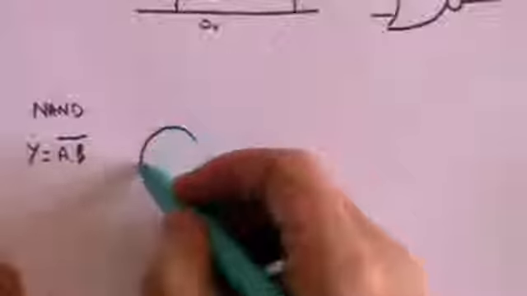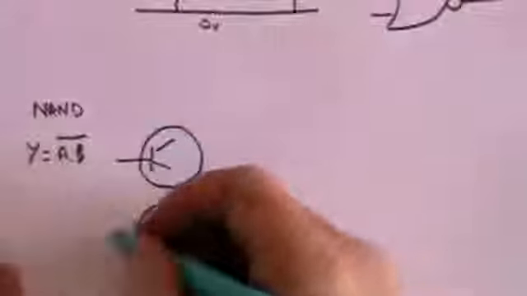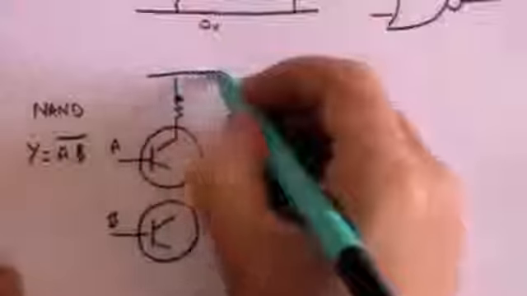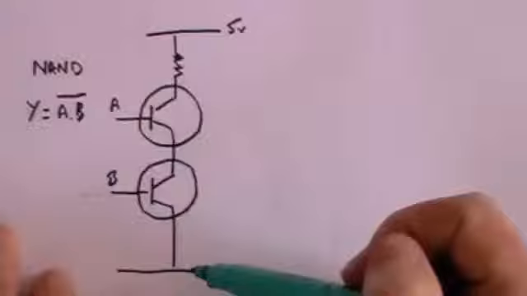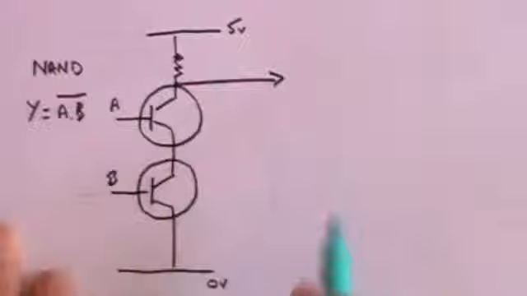And the way we design that, we again need 2 transistors, and each of those will have an input, and those are going to be our inputs A and B. We're going to go up through a resistance here to the 5 volt level, and we're going to connect these two, come down here to a 0 volt level. So essentially, once again, we've put a battery between the two devices, and this time we're going to take our output along this line here.